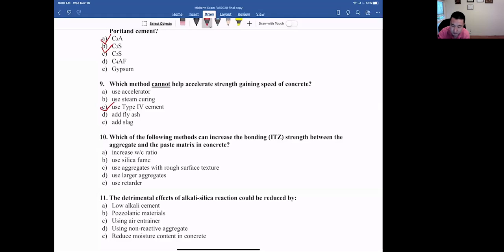So that is right. And fly ash. Fly ash is one type of pozzolanic material, and we know pozzolanic reaction will slow down the hydration. So D is right, and so does E. Adding slag, we also introduce pozzolanic reaction, so that will slow down the hydration. The right answer is C, D, and E.